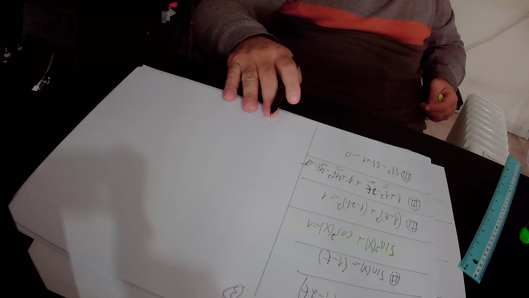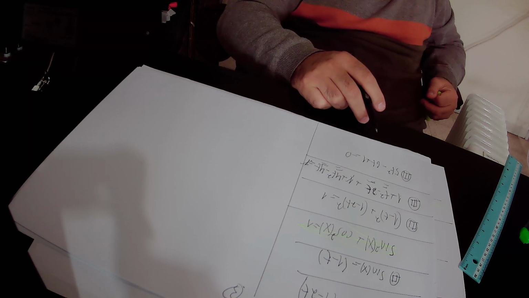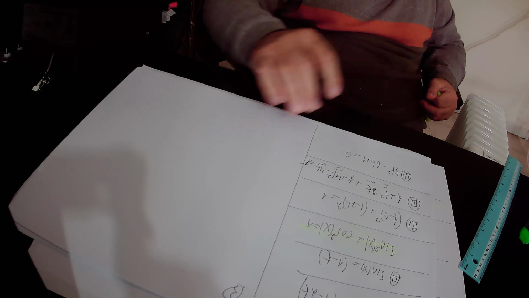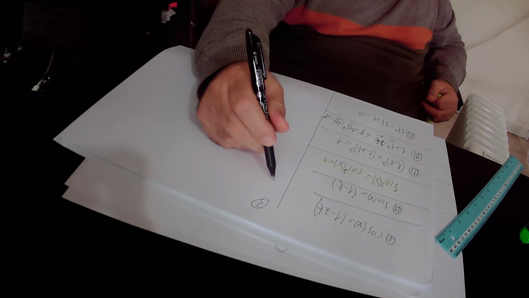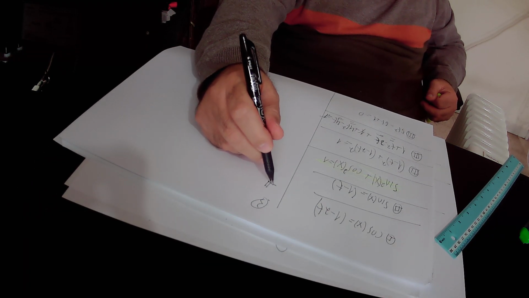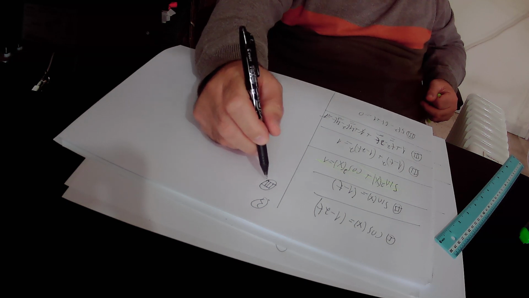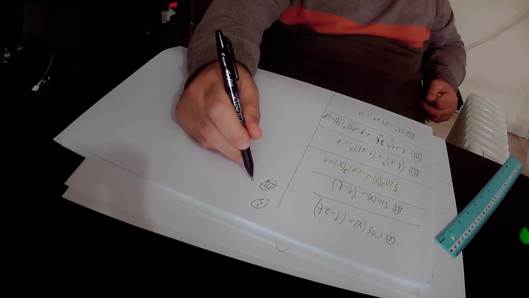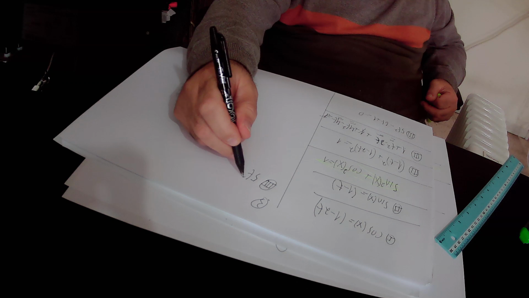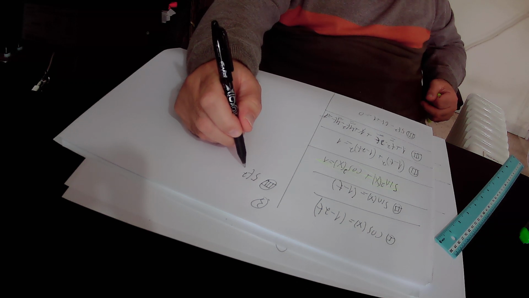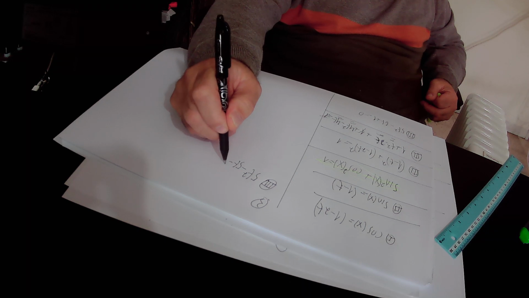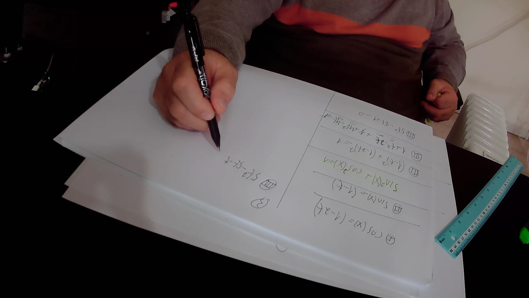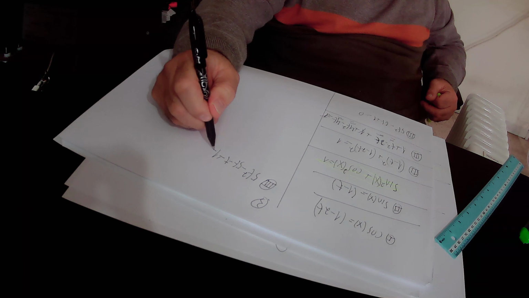In the next step, we'll substitute minus 6t by minus 5t minus t. And we get that according to equation number 3, 5t squared minus 6t is minus 5t minus t plus 1 equals 0.